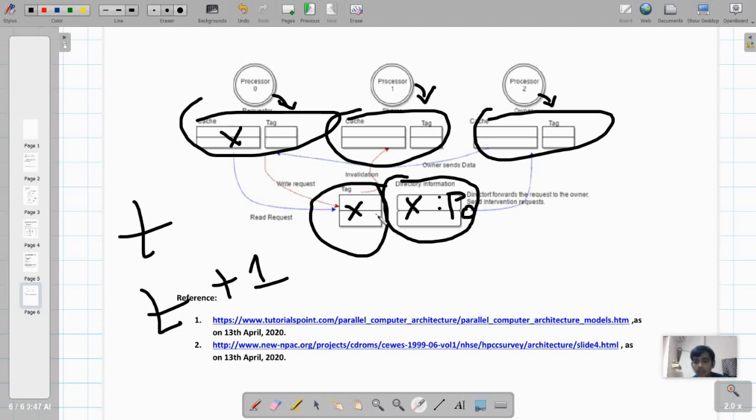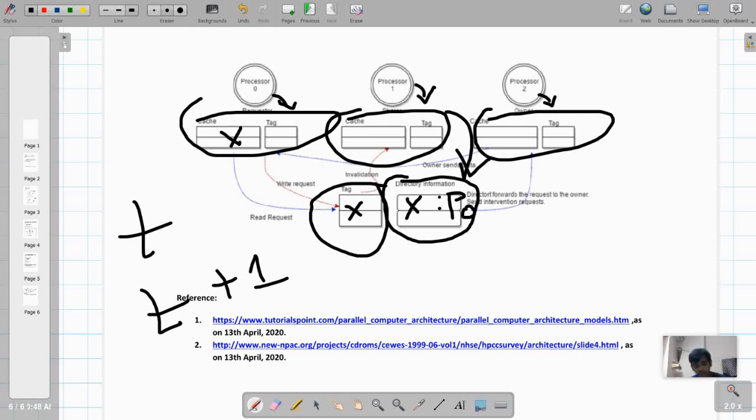Once he is done, then you access it. So once processor 0 is done with the data item X, the directory will be updated with the new information that processor 0 is done. So now processor P1 will have access to the newly updated data item.